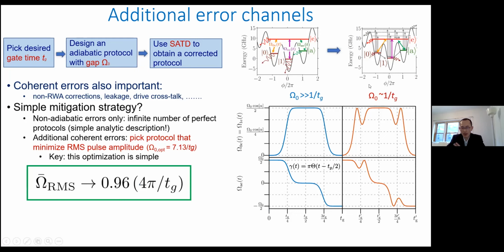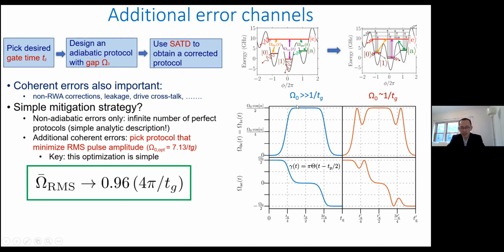So in principle, there are many of them, because each of them is characterized by a value of omega naught, and they are equally well in the sense that you can cancel perfectly the non-adiabatic errors if you consider just these 4-level models.